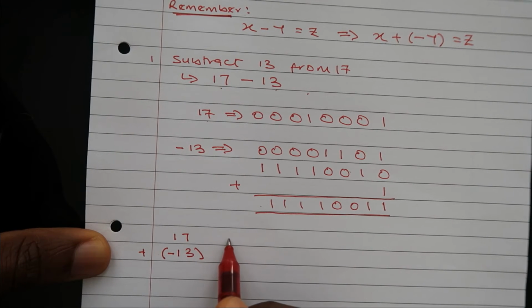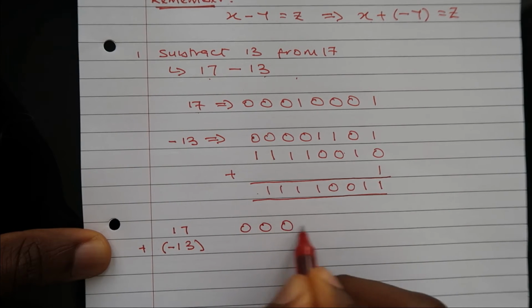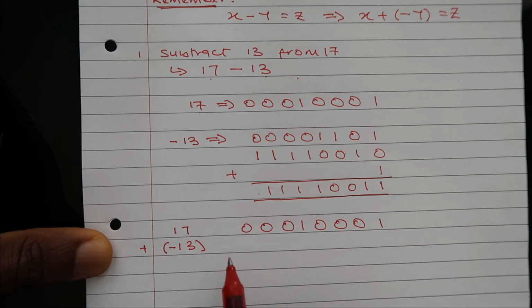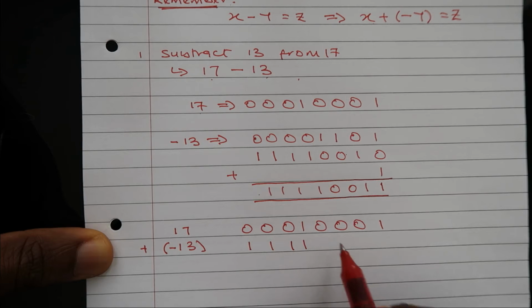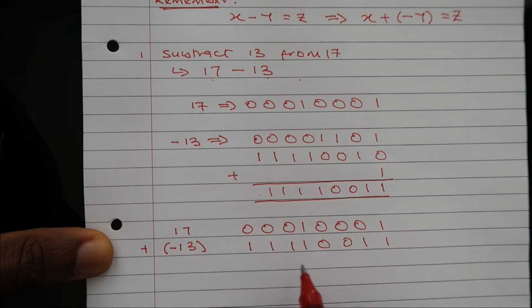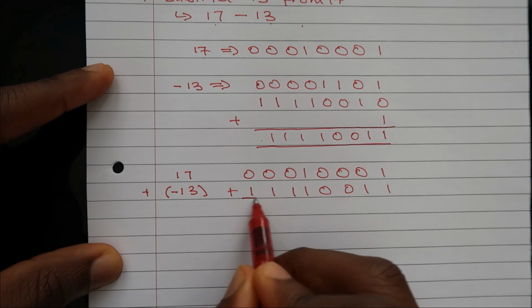We know that 17 is 0 0 0 1 0 0 0 1, and we know that minus 13 is 1 1 1 1 0 0 1 1. All I have to do now is add both numbers together.